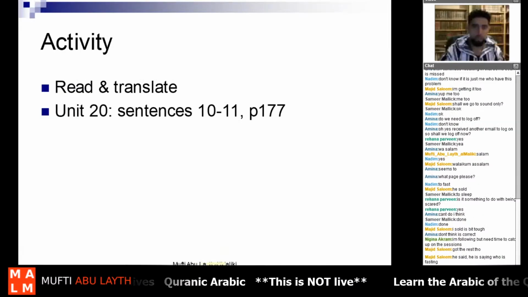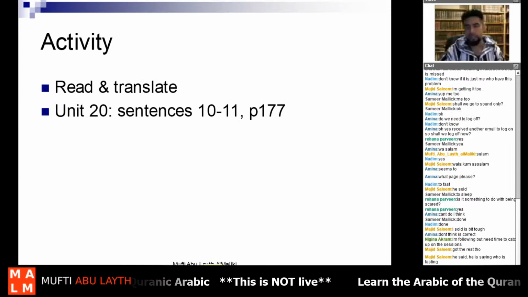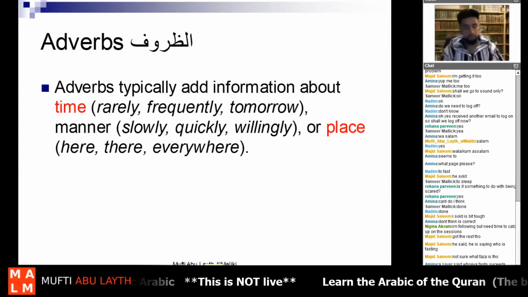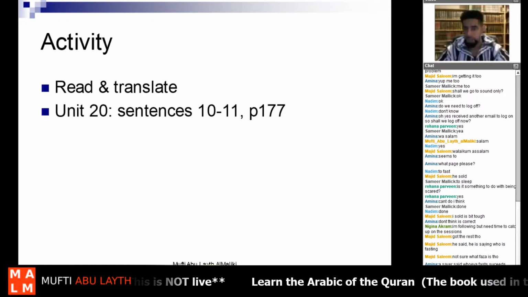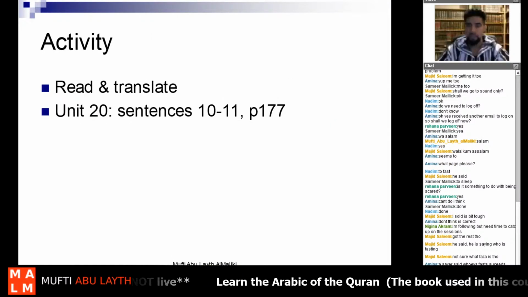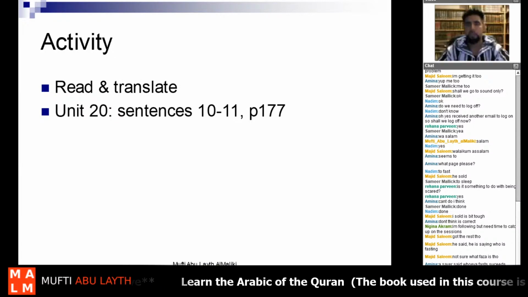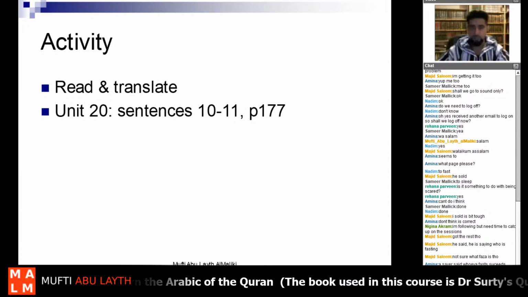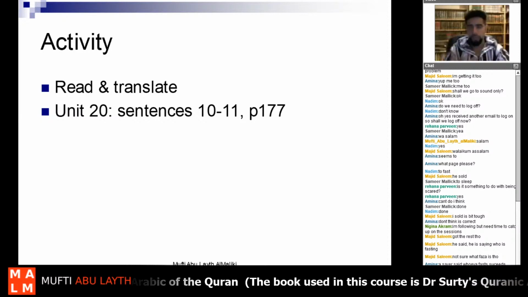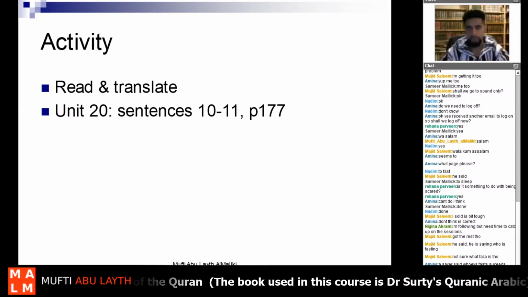Note this style, actually the style of the Quran: Sa'ala sa'il, waqa'atul waqi'ah, these types of things. This is the style of the Quran. It's trying to make you become accustomed to the style of the Quran.